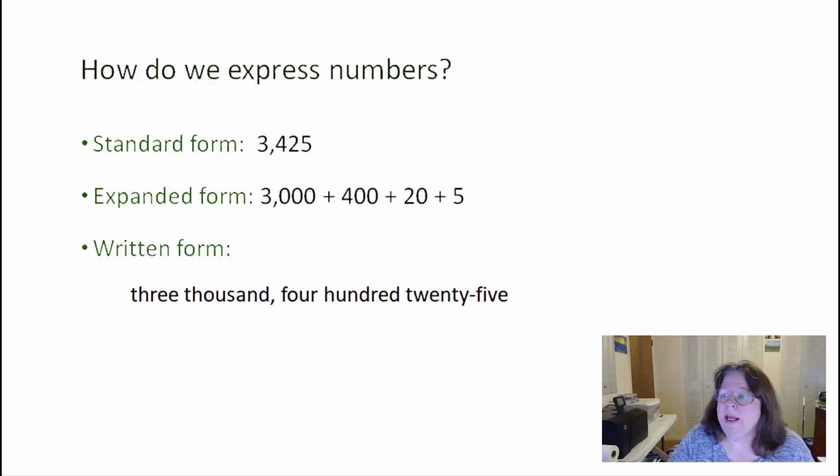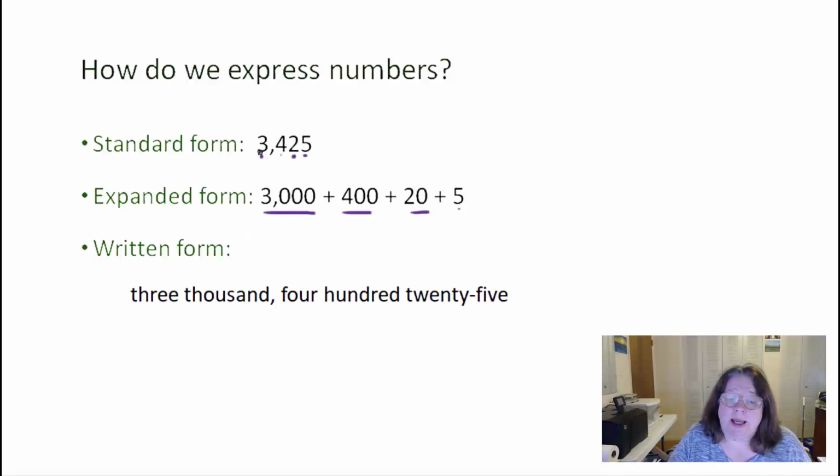Expanded form is when we break it up by place value, where here the value is 5 ones, the value of the 2 is 20, the value of the 4 is 400, the value of the 3 is 3,000. When we break it up, expand it, stretch it out by place value, that's exactly what we're doing.